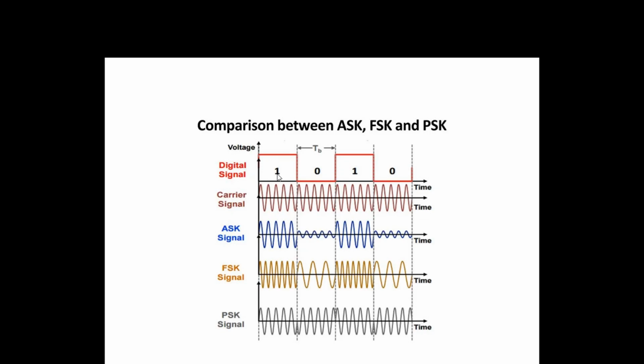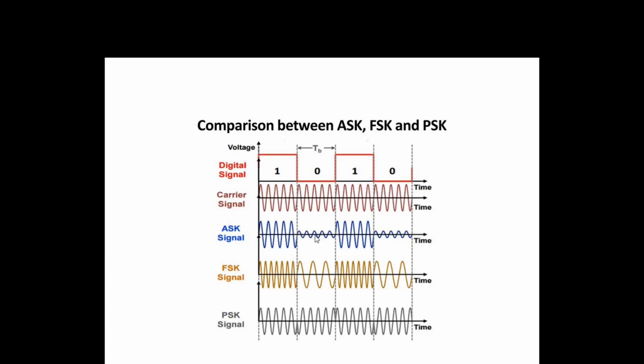If we are receiving message bit 1 as our input, the amplitude of the output modulated signal is the same as our carrier signal. If our input message bit is 0, then the amplitude of the carrier is very less, nearly 0.